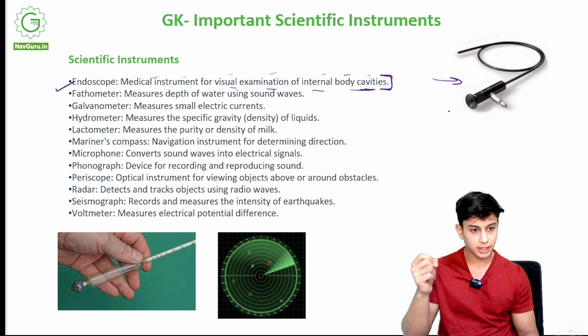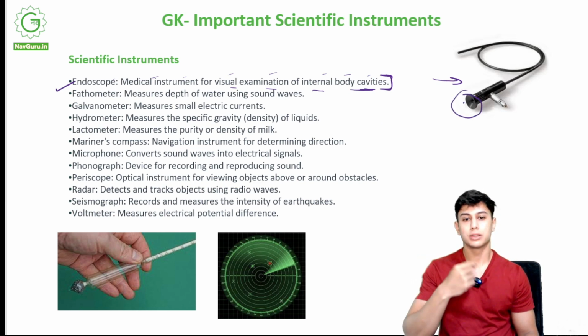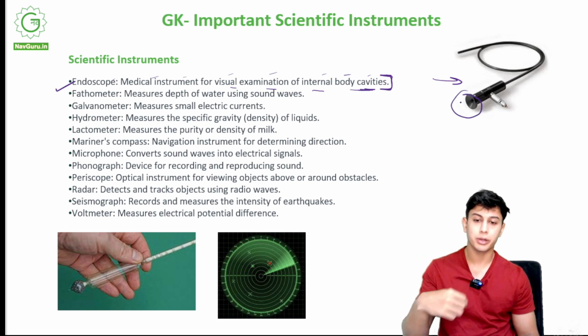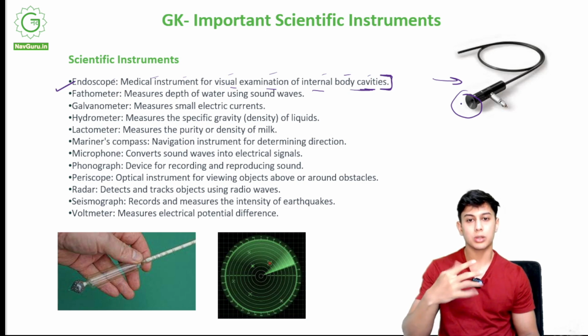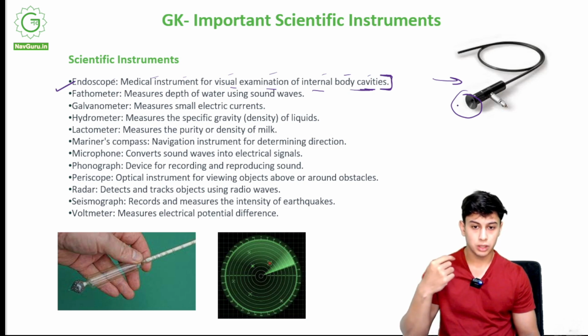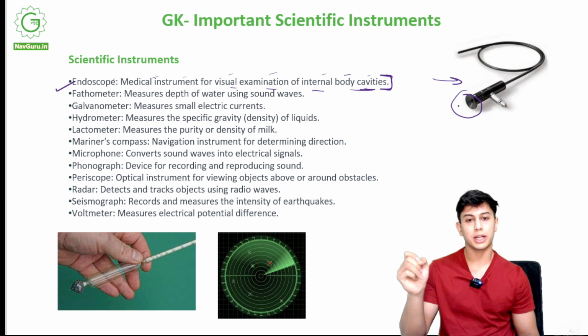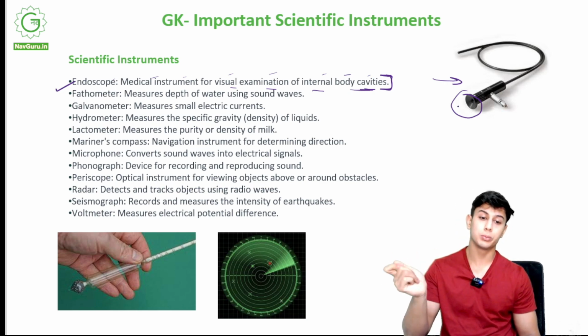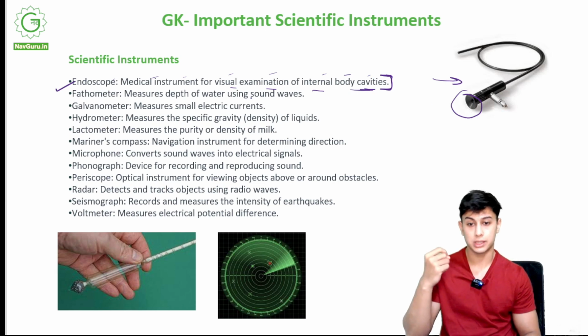They have a camera at the very end, and as it goes inside, it helps the doctor see what is wrong with the systems, with the organs from inside. They will put it in your esophagus, put it throughout your body, and they would pull it off as well. This is called endoscopy. I had one endoscopy once for tonsils.